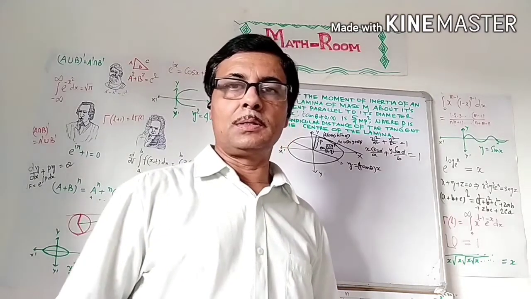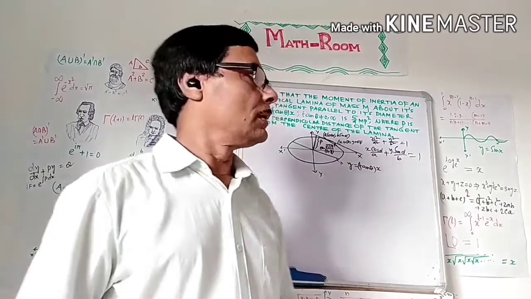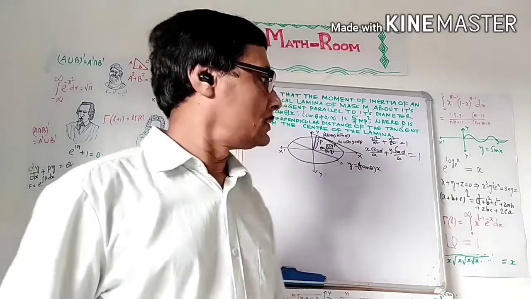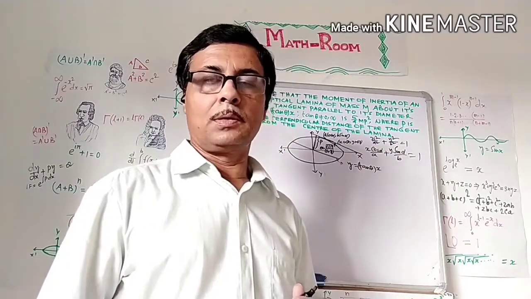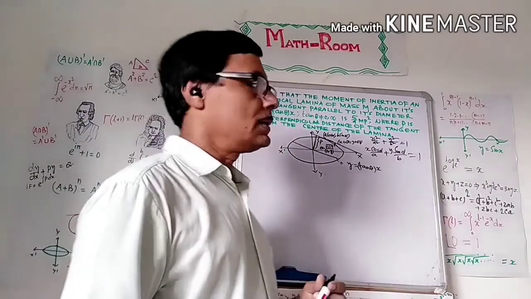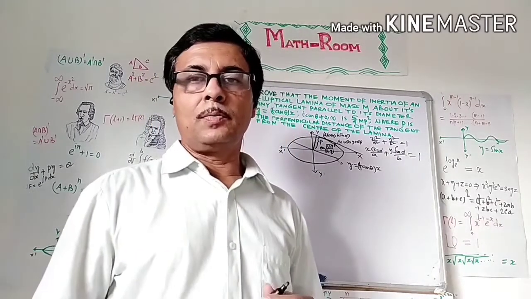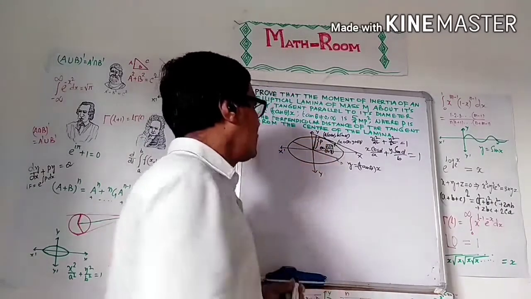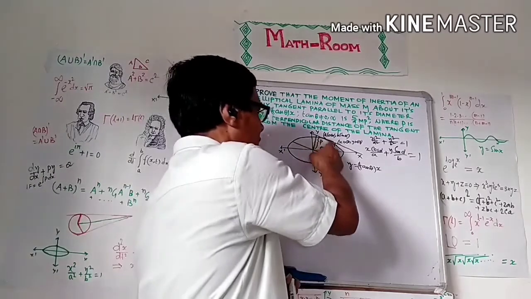Moment of inertia emerges from the rotational motion of any particle or any body, when the body or particle is rotating about an axis. So moment of inertia is the product of the mass and the square of its distance from the axis of rotation.